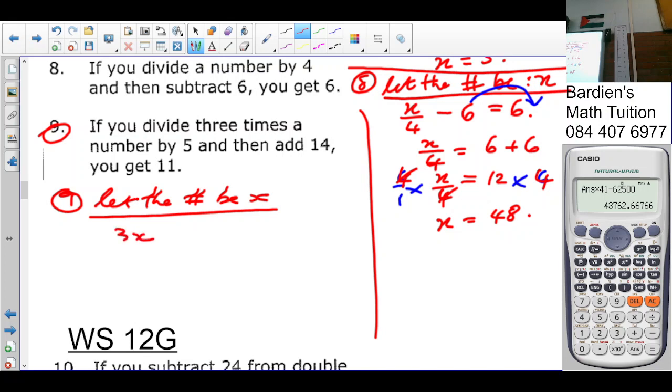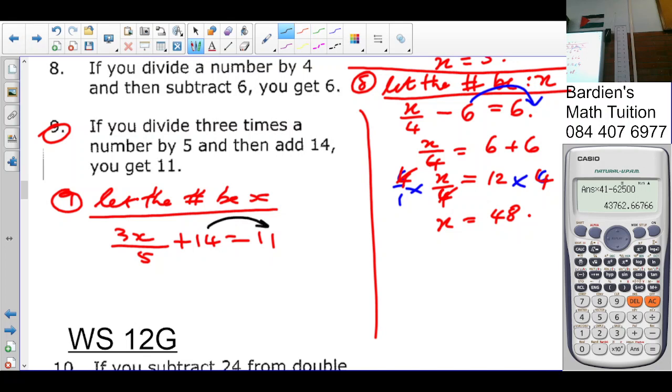If you divide 3x by 5 and add 14, you get 11. Okay, so what do I do now? Simply solve it.